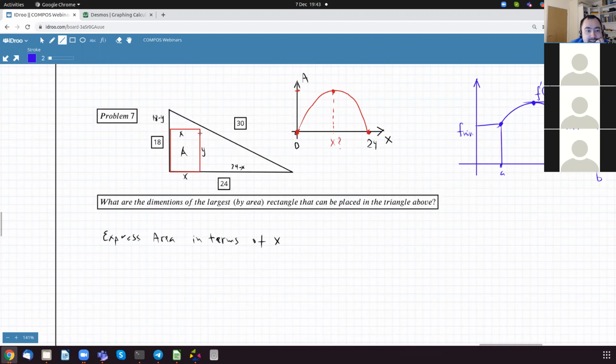I'm going to notice that this triangle is similar to this triangle.